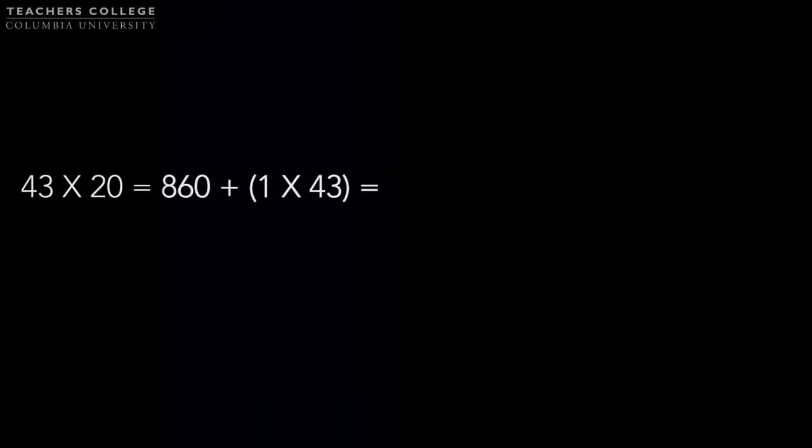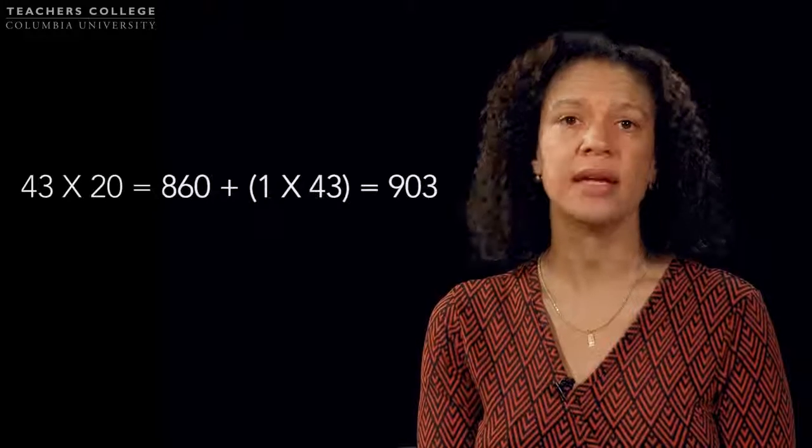Others of you might have used a strategy retrieved from your long-term memory by breaking the multiplication into parts. 43 times 20 equals 860, plus 1 times 43 equals 903. We often augment our working memory through using long-term memory.